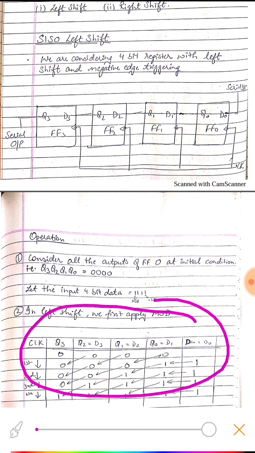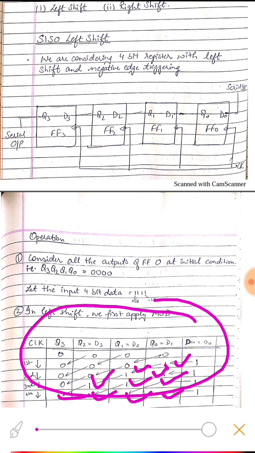First of all, Q0 will become 1, then Q0 and Q1 both will become 1, then Q0, Q1 and Q2 will become 1, and finally Q0, Q1, Q2 and Q3 all will become 1.